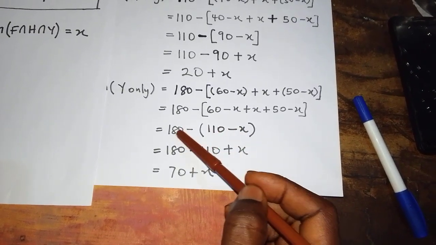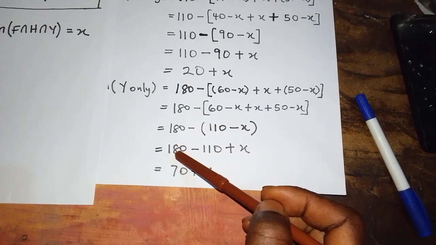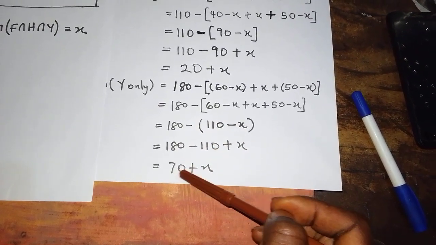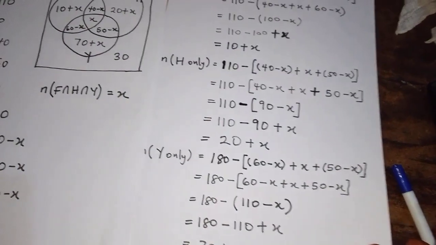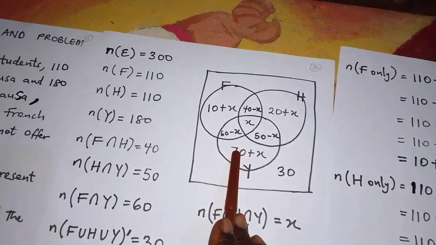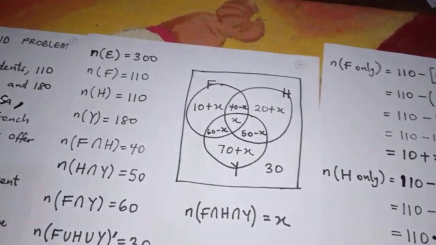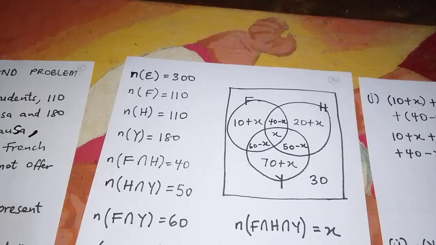So if you now open the bracket, 180 minus 110, minus times minus is plus x. 180 minus 110 is 70 plus x. 70 plus x like only Yoruba. So write it where those that like only Yoruba. So like this, we've been able to represent it on a Venn diagram.